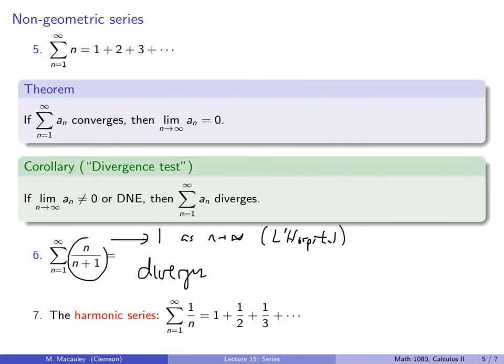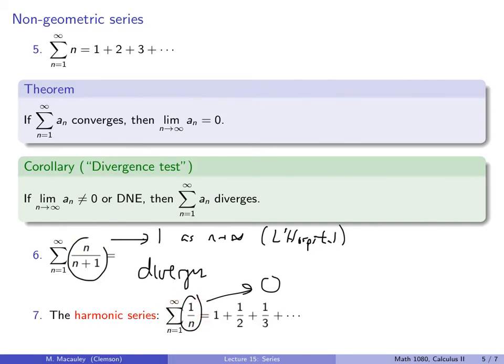Our next example is the harmonic series. These terms do go to 0. So we cannot use the divergence test to say it diverges. It's inconclusive.